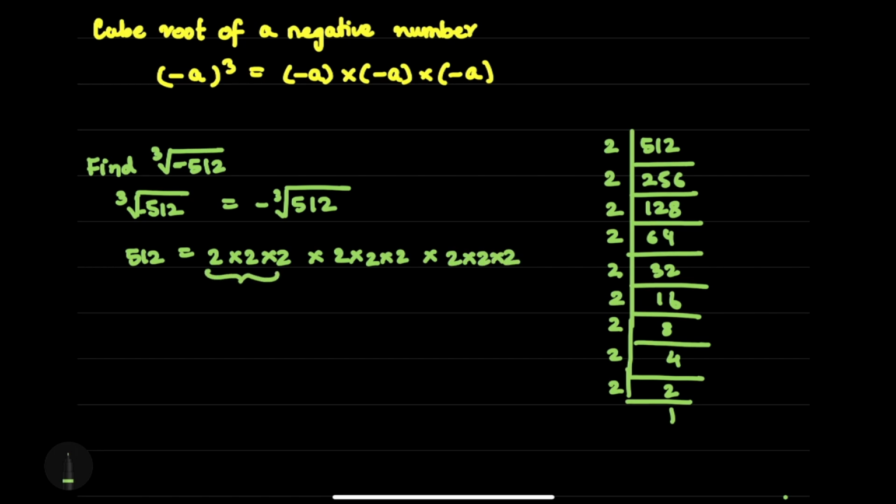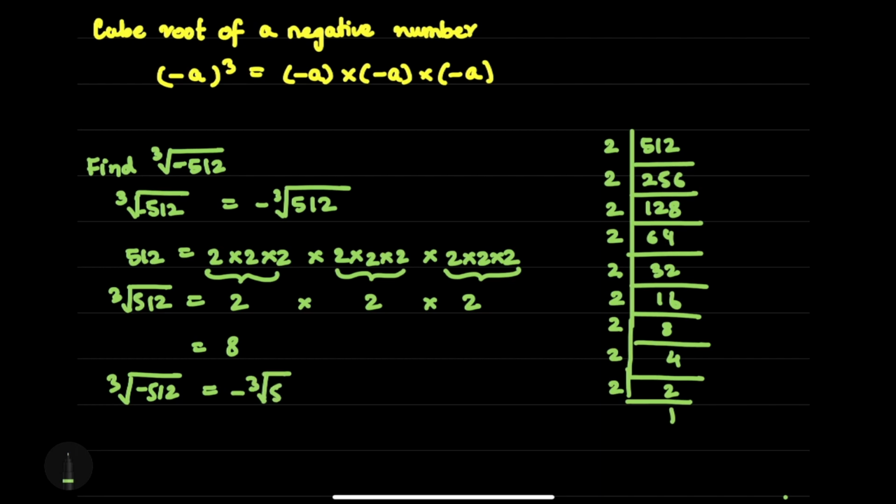So we have 3 triplets of 2. And then our cube root of 512 would be 2 into 2 into 2, which comes out to be 8. And for negative 512, we have minus of cube root of 512, which comes out to be minus 8. And that's how we get the cube root of a negative number.